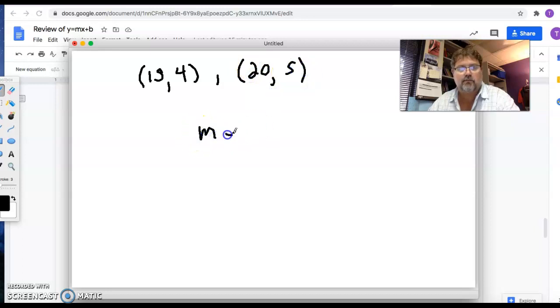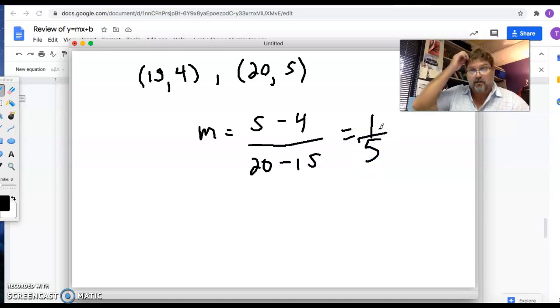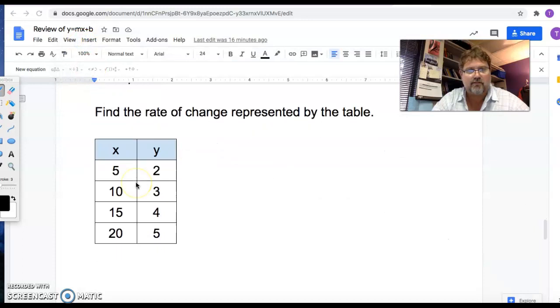So m is 5 minus 4 divided by 20 minus 15. And I think that's 1/5. This pen gets kind of sloppy sometimes, you guys, because somehow it's lagging a little bit. So that should have a slope of 1/5.